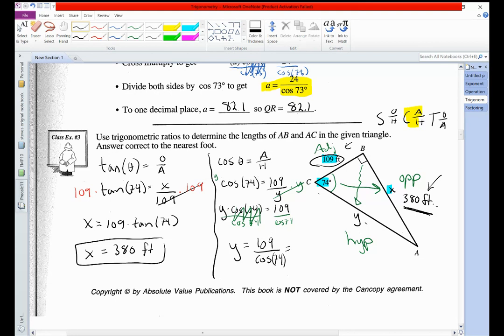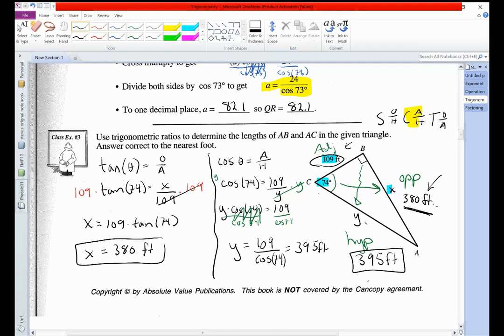And when I type that in my calculator, I get 395 feet, which means my hypotenuse is 395 feet. Does this make sense? Yep, the hypotenuse is longer than the opposite and the adjacent. It all makes sense. Seems to be right.